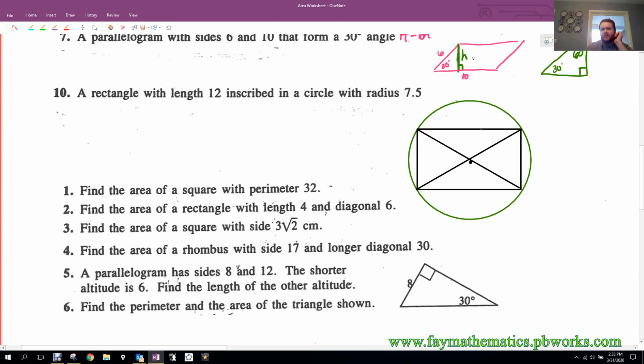Well, there you go. So that point right there is the center of the circle, and it's essentially the intersection of the diagonals. Now, the key thing here then is to realize that that right there is a radius of your circle. If that's a radius of your circle, you now know that that's 7.5.